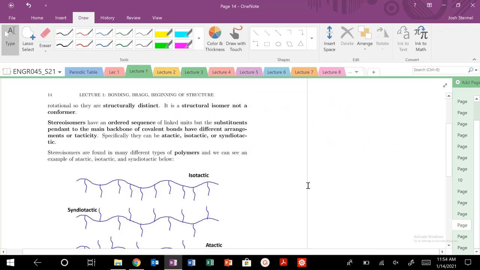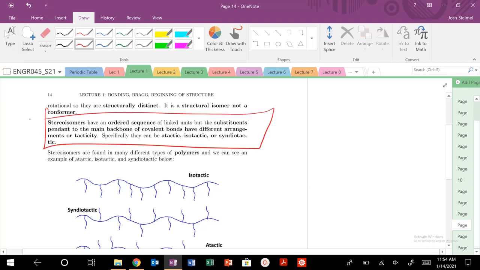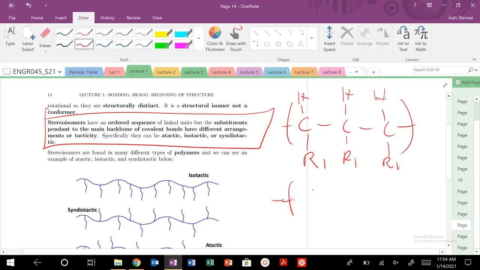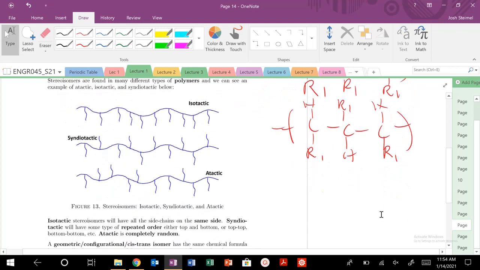So, stereoisomers. If you have some type of ordered chain, let's say it's H, and I have some distinct structural group, R1. I can arrange R1, C, H, R1. These two molecules are isomers. And there could be an alternating pattern, down, up, down, and it would repeat.